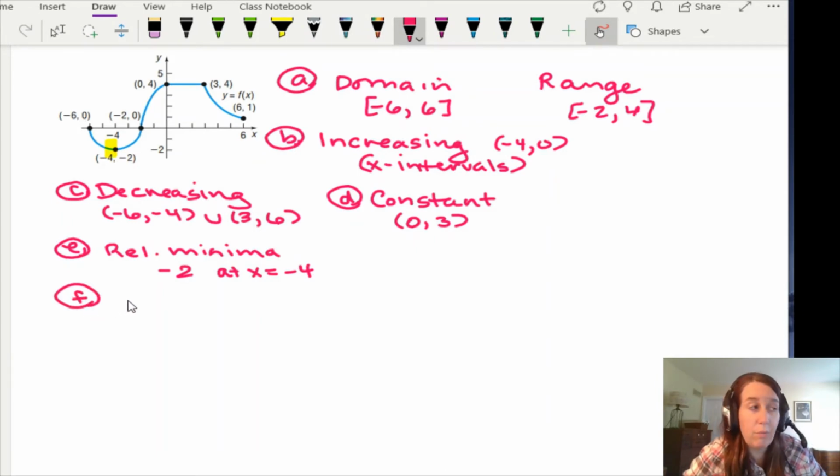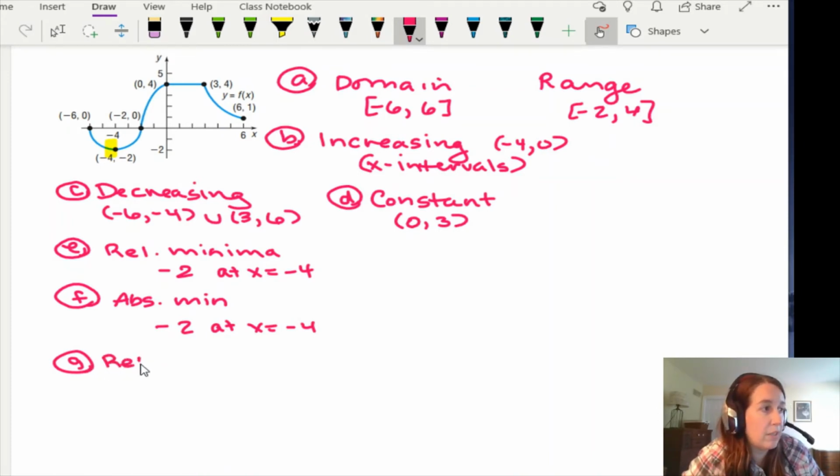We also then would be asked for the absolute minimum. Remember, that can only be 1, and indeed there is only one. It is the same value, -2, at x equals -4. And then we could also look at our relative and absolute maximums. So our relative maxima, let's see if there is a maximum or if there are more than one. We're just looking for the top of a hill.